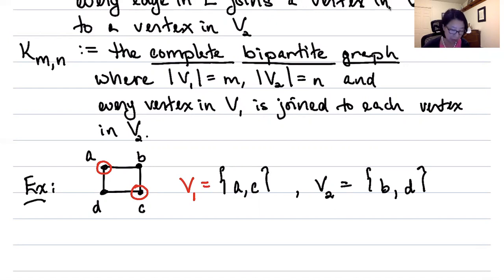In particular, there are no edges between the vertices circled in red, and no edges between the vertices that aren't circled. Okay, so this is bipartite.